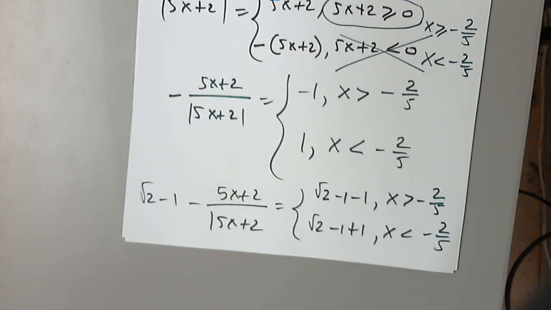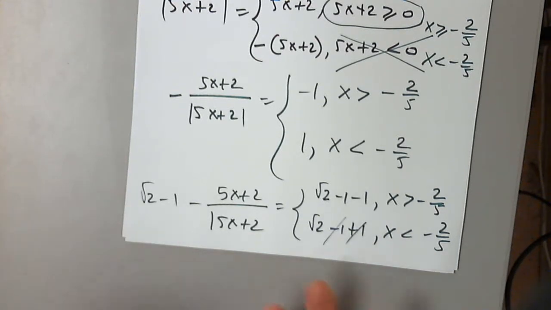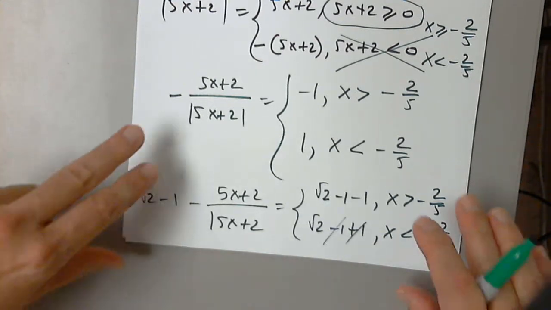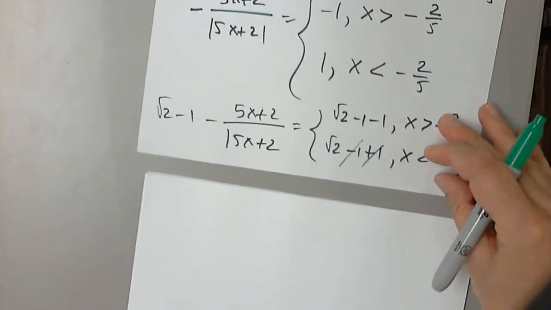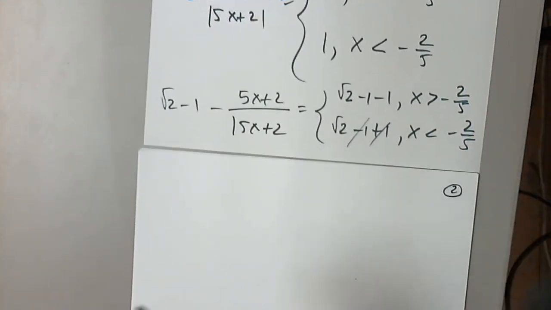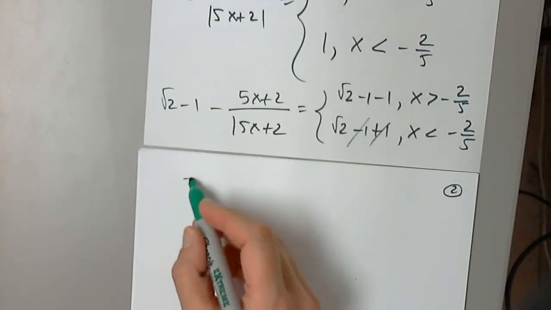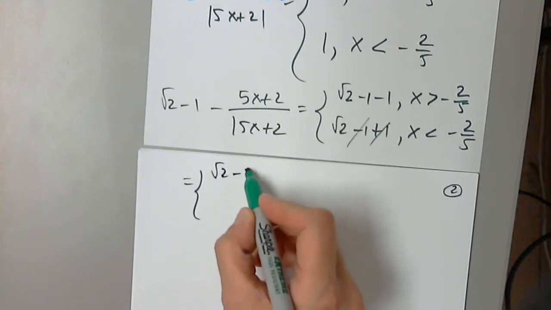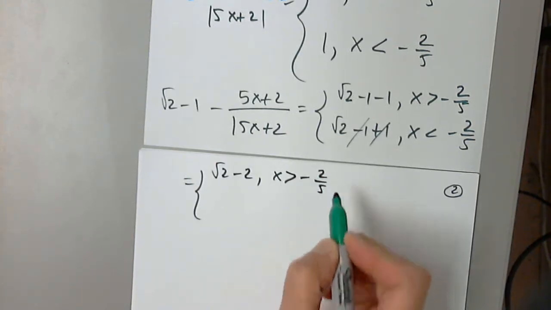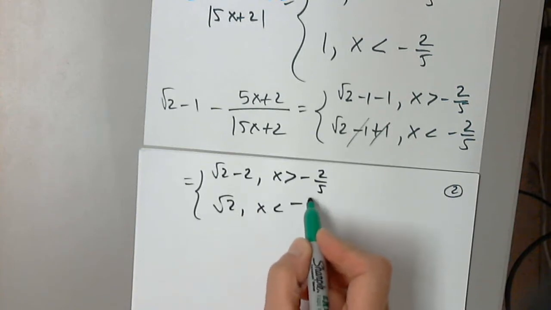When you divide 10 by 10, you get 1. Is that okay? Perfect. So all I have to do now is just rewrite, because these two are the same. So the two options are the square root of 2 minus 2 for x greater than negative 2/5, and the square root of 2 for x less than negative 2/5.